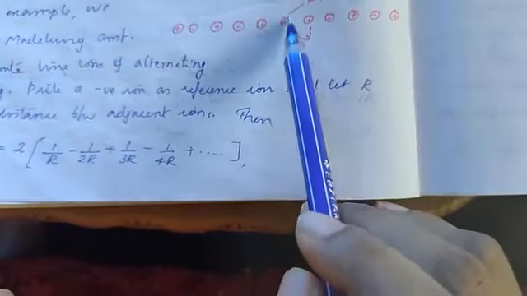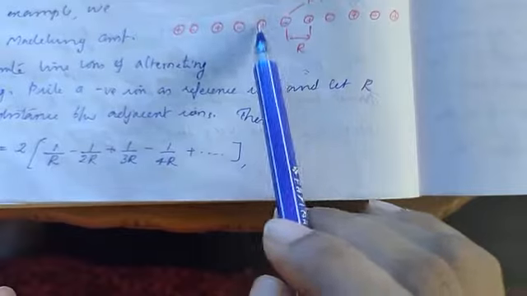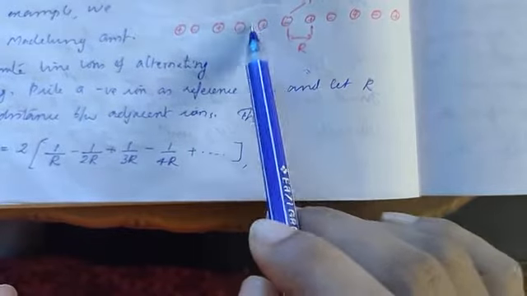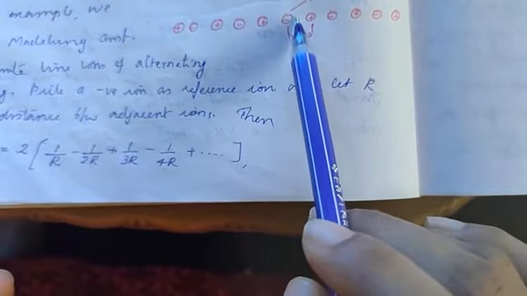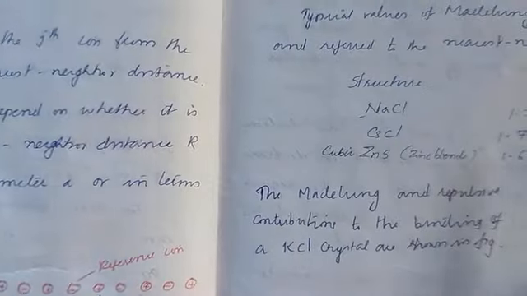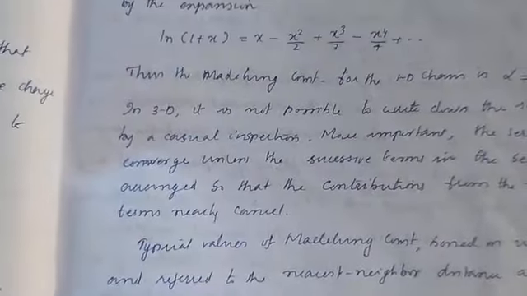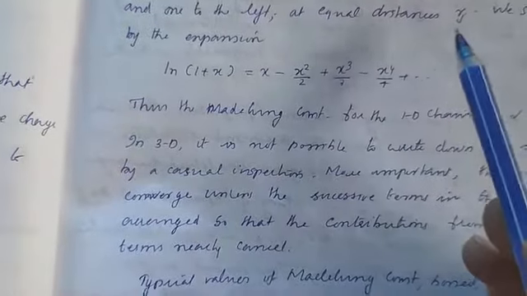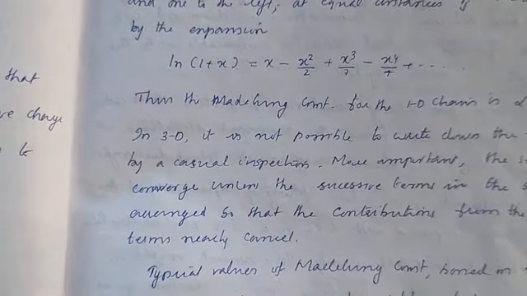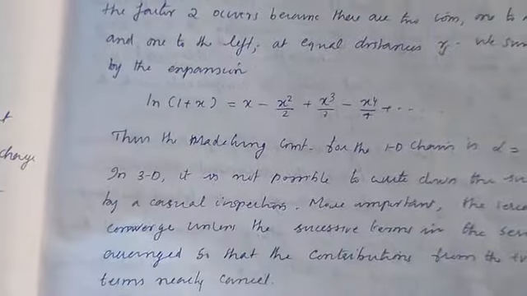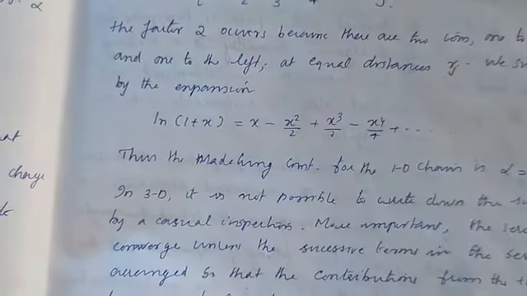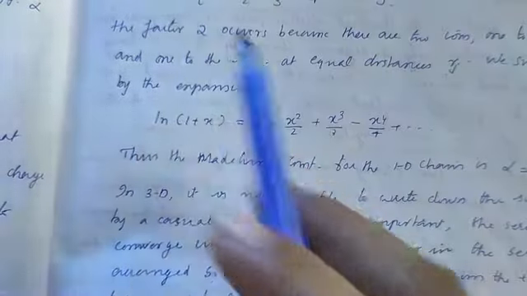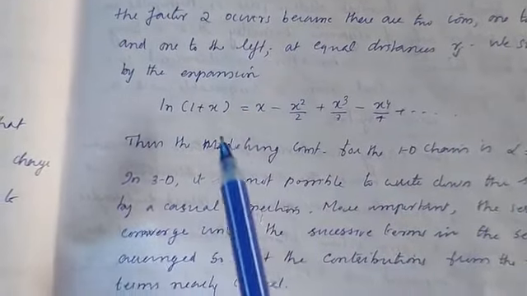If this is the reference point, these two atoms are of the same sign and at the same distance, but on the two sides of the atom. So this need not be treated twice, but if we count all these interactions, we have to put a 2 here. That's the reason for putting 2 here.